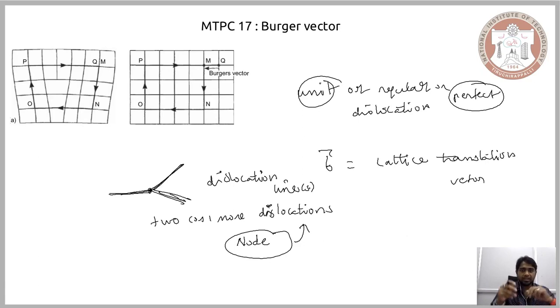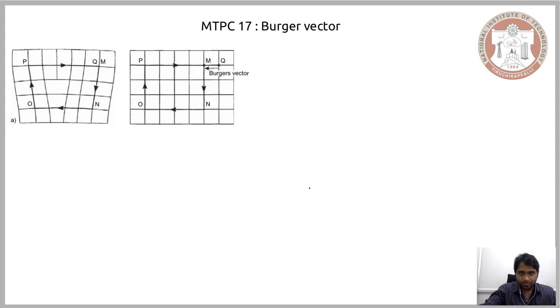Now in a node where you have more than one dislocation that is operational, or a combination of more than two dislocation lines, there is a certain characteristic relation between the Burgers vectors of each of these dislocation lines.